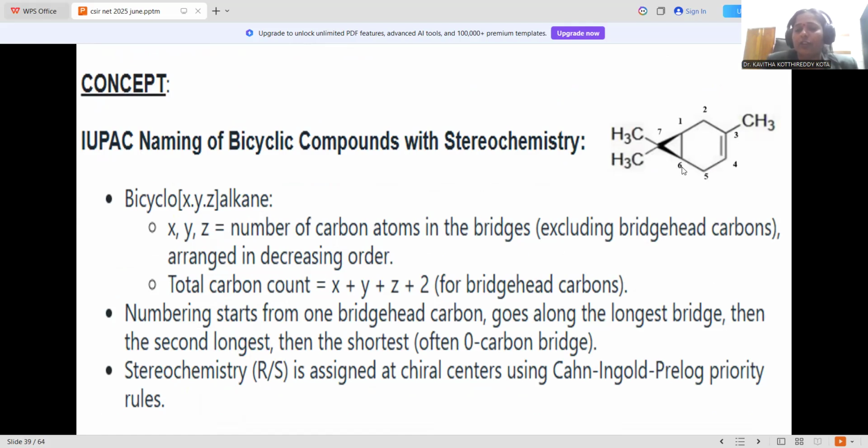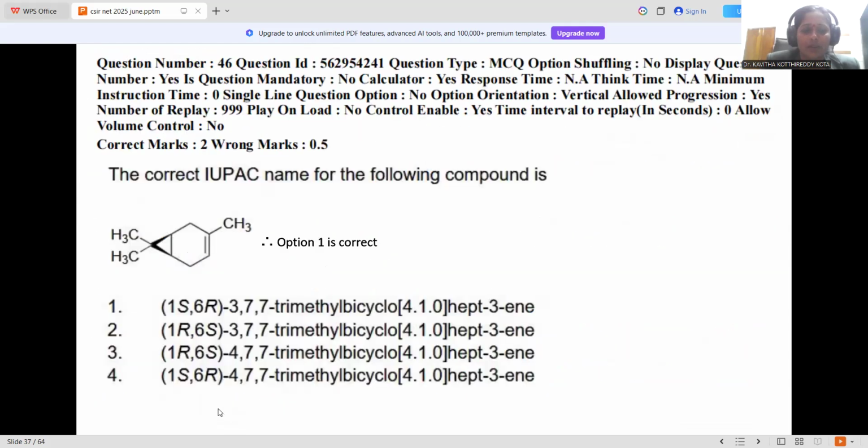And another thing we need to represent within the bicyclic system: on one side you can notice 1, 2, 3, 4 carbon atoms. This side we have 4 carbon atoms, and this side we have 1 carbon atom. In between we have no carbon atom. So 4, 1, 0 is indicated for all the bicyclic systems.